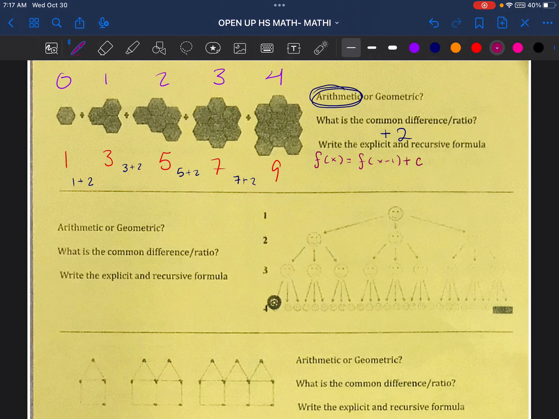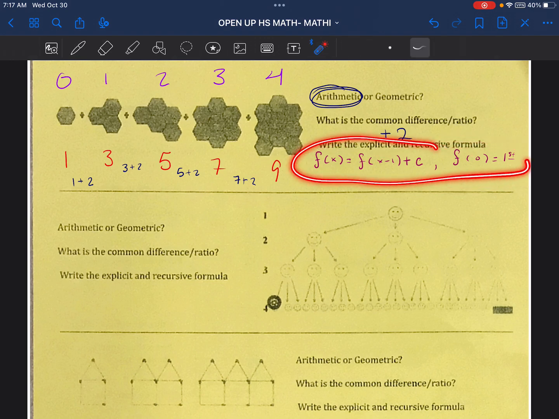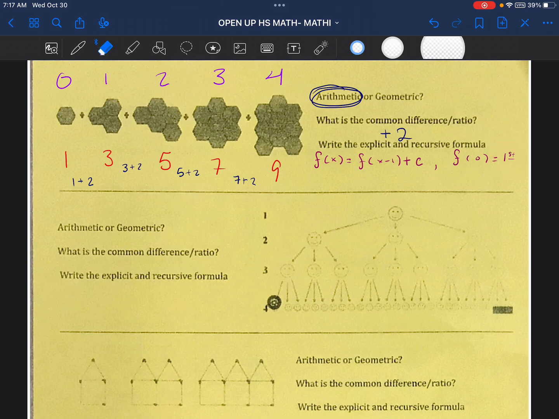And don't forget, I also need f of 0, which equals my first term. A lot of you got to this point because you were able to have a note card, but it was marked wrong because you didn't fill in what the common difference and the first term are. So let's go through and do that really quick.